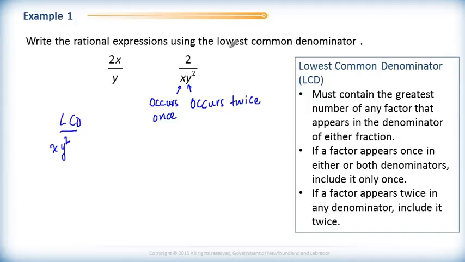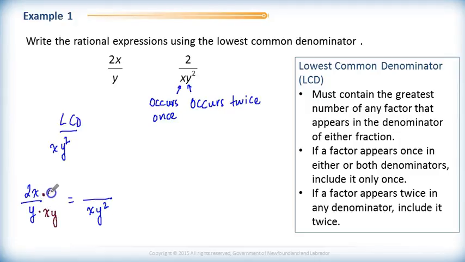We have to write the rational expressions using the lowest common denominator. So 2x over y has to equal something over xy squared. Now we look at our LCD, it's xy squared. This denominator so far is missing an x, and it's missing another y. So we've got to multiply by xy.